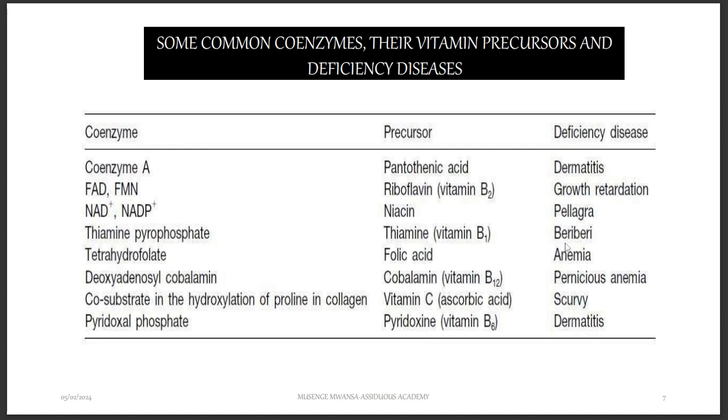Pellagra and beriberi, and also anemia. If you don't have tetrahydrofolate, which comes from folic acid, you are going to have anemia. So just try to look at this table, especially this one for pellagra and beriberi. Please know them. At least know those today. For these other ones, if you cannot know them, be learning them each day.